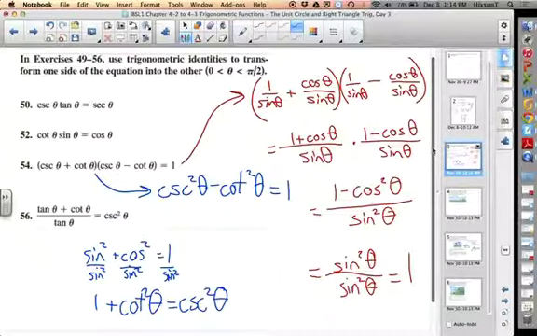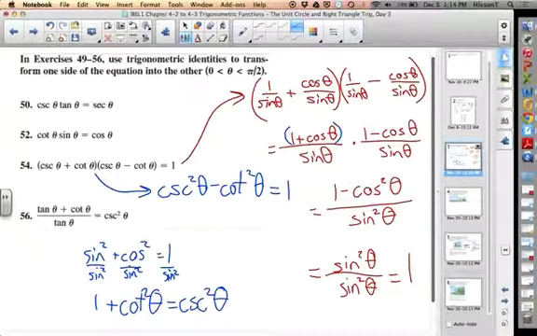The alternative was if you made everything in terms of sine and cosine, like we did up here. You do have common denominators, so you can write 1 plus cosine over sine times 1 minus cosine over sine, and then you're multiplying the two fractions together.